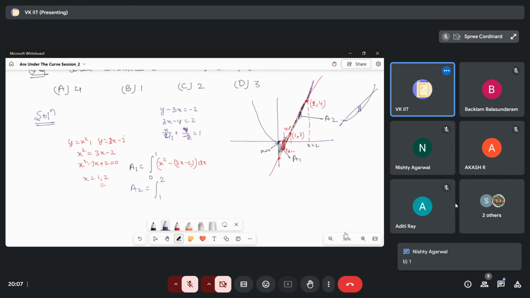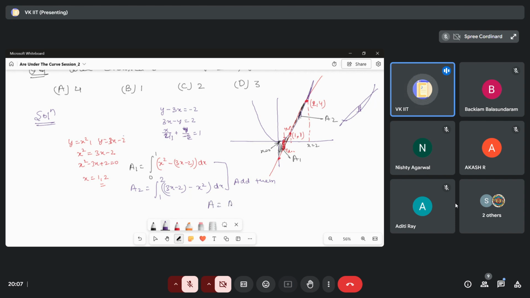Then y upper is nothing but the line, so the line equation is y is equal to 3x minus 2. So 3x minus 2 minus y lower, and this time the lower curve is the parabola, so y lower is x square. Add them and get your answer.